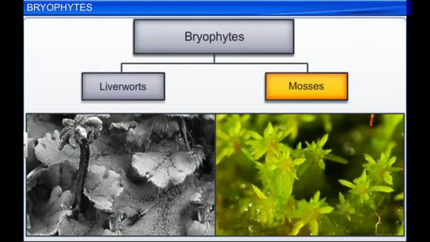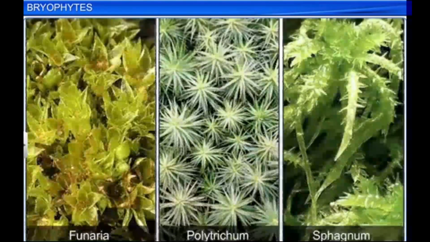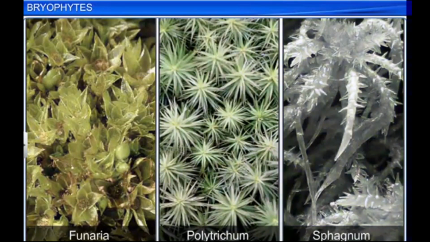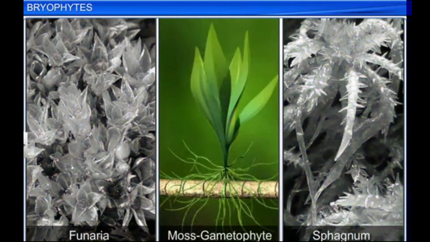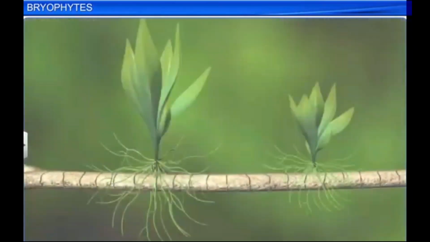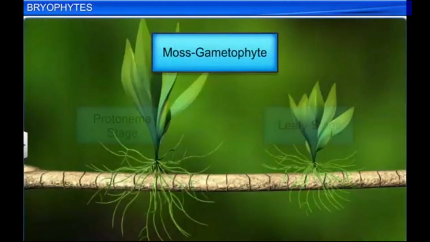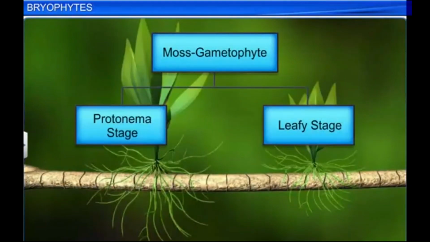Mosses are another type of bryophytes. Funaria, Polytrichum, and Sphagnum are some common species of moss. A moss undergoes several stages in life, wherein the gametophyte stage is the most predominant one. The gametophyte stage has two substages, Protonema and Leafy Stage.